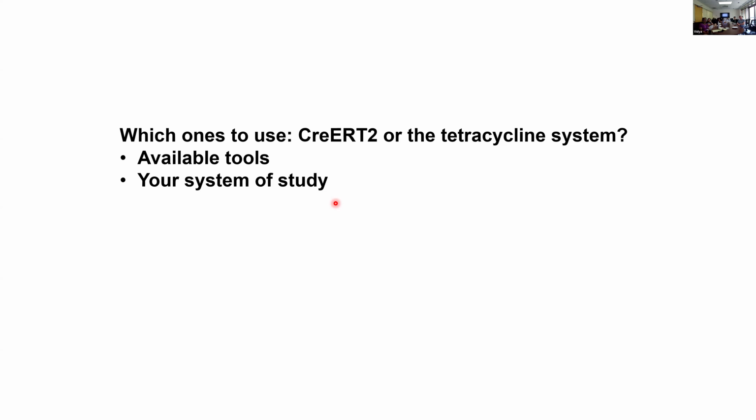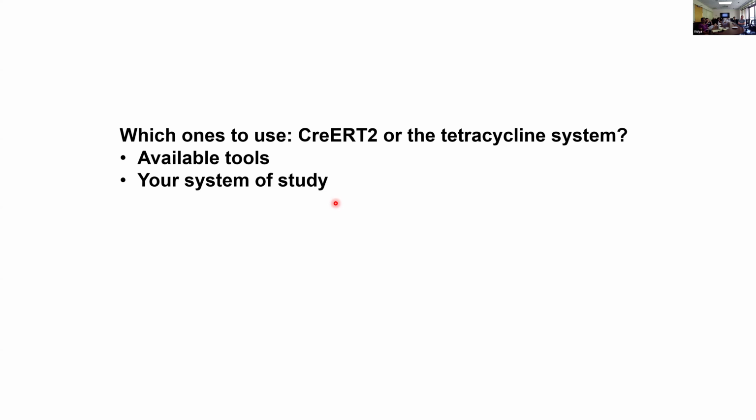And doxycycline is an antibiotic. So if you want to study the gut microbiome, you may not want to do that, right? Doxycycline could even affect mitochondrial function. So if that's your major focus, and you say, oh, I have controls, but this is not only doxycycline but also your gene knockout.